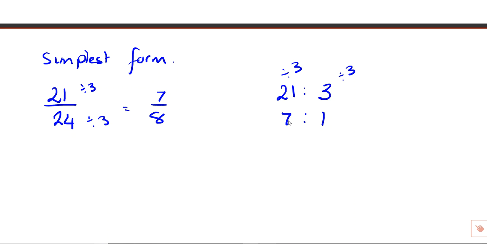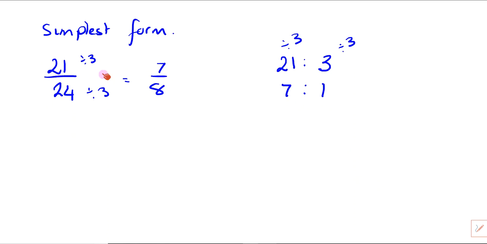Now, let me just talk through maybe the harder ones they talked about. You've done the process with fractions, so you can do it with ratios. But ratios can be expressed like this, because ratios can have decimals.